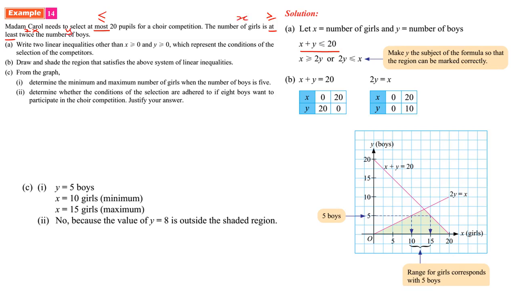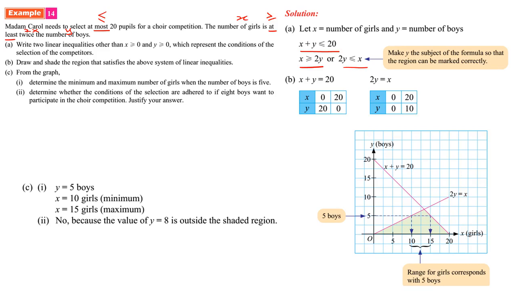So the second inequality is x is greater than or equal to 2y. For this we have to make y the subject of the formula so that the region can be marked correctly. So we get 2y is less than or equal to x.